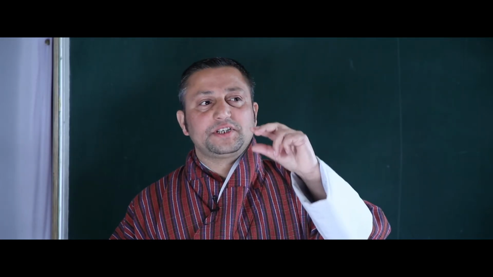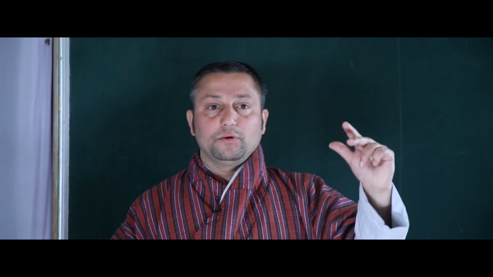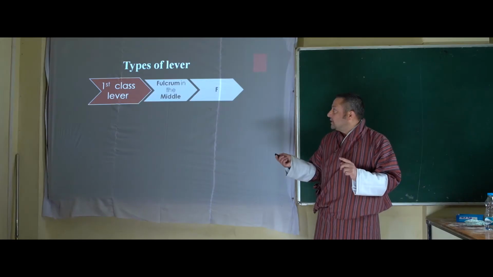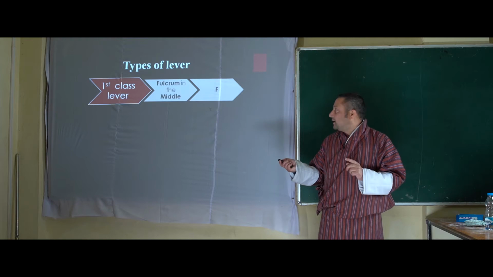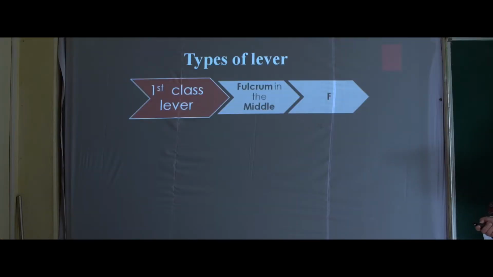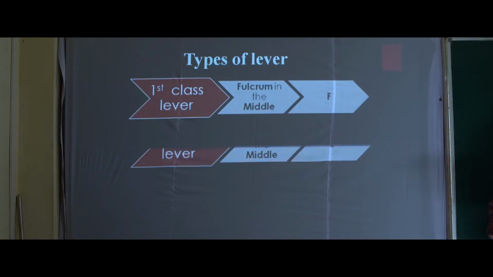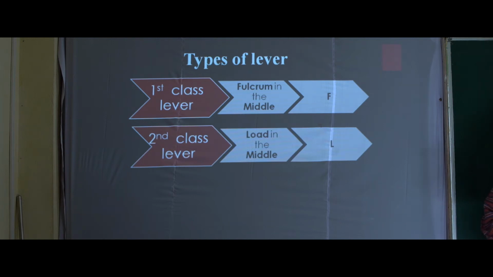We have already seen which part is called fulcrum, which part is load, which part is effort. So, in the first class lever, we have fulcrum in the middle, and I have put it as F. Second class lever, we have load in the middle.